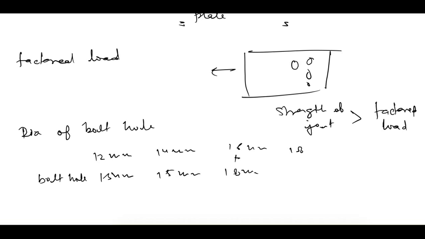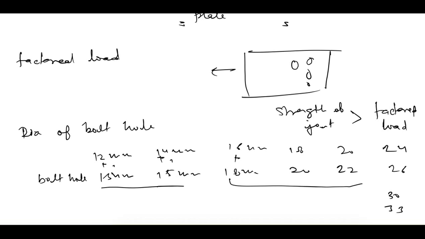If it is 18, then we take 20, if it is 20 we take 22, and so on up to 24, for this we take 26. If it is 30, then we'll take 33. So this much you need not remember, just remember this part, that is for 12 and 14 we take plus 1, and for 16, 18, 20, 24 we take plus 2.